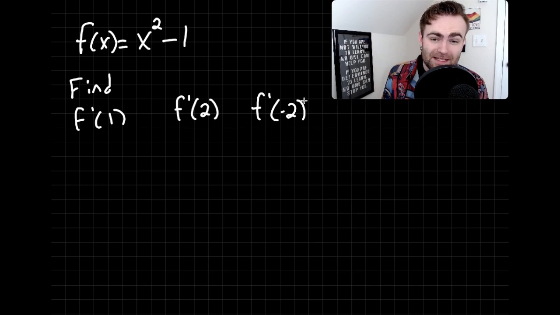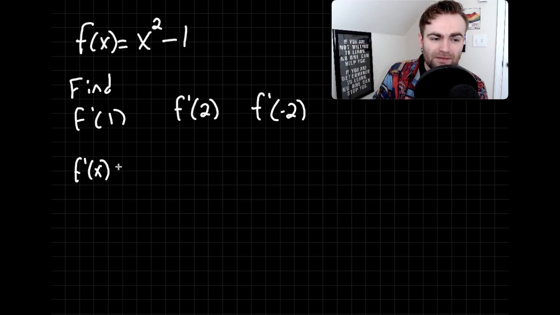Here's an example for us, and in fact it's the same example we used in the last video, x squared minus 1. And in this case, I'm wanting to find the value of the derivative at 3 different places. It doesn't make sense for me to go through and do the long method for every single one of them. So let's find f prime of x first, and then we can substitute these values in and figure out what they are.